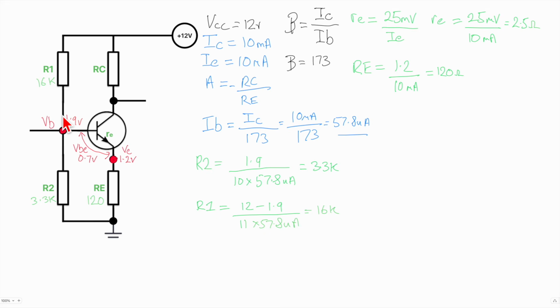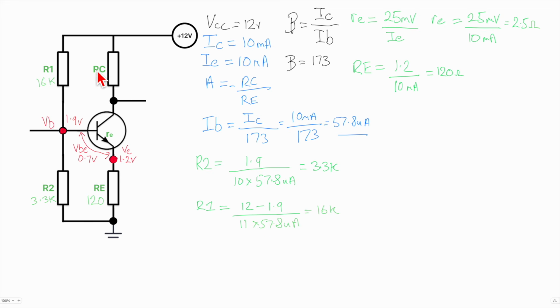Well, we're nearly there. That will give us a nice stable 1.9 volts here. It'll give us 10 times the base current there, so we're not going to worry too much if beta is a bit different. The last thing we've got to do is look at RC. Now, this is a really important one for all kinds of reasons.